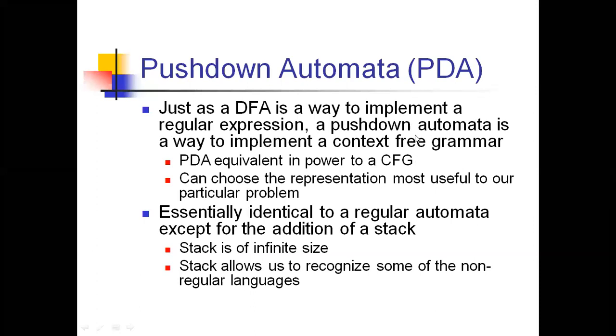So both we are implementing here. With the PDA we implement context-free grammar, and with the DFA we implement regular expressions. Here the PDA is always equivalent in power to context-free grammars. Already we learned the concept of context-free grammars, how to write the grammars and how to frame the productions in the grammar. All those things I explained in the last classes.